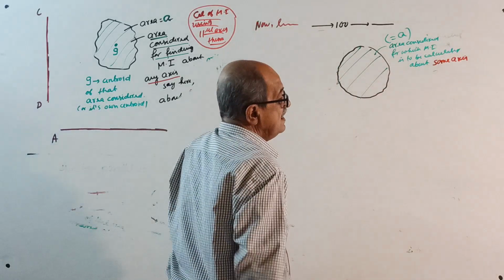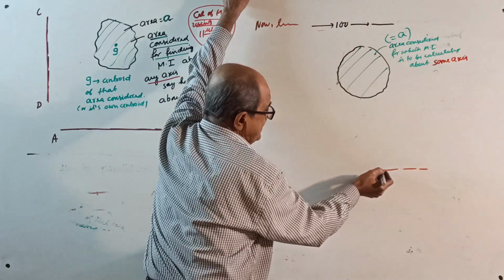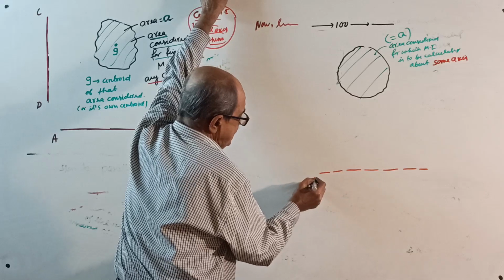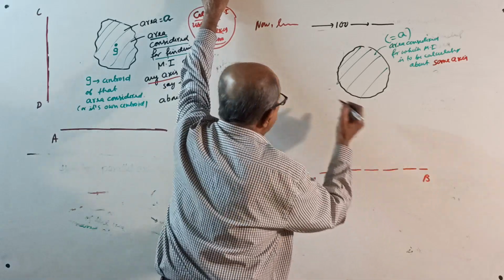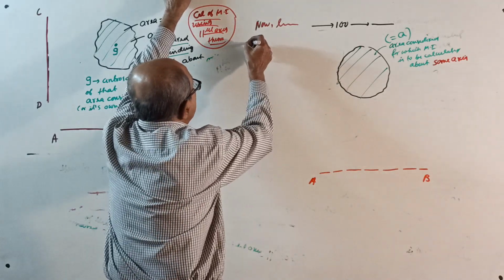Okay, do one thing. Imagine this is the axis right here. Imagine AB is the axis. Then after AB is fully completed, imagine CD is the axis.